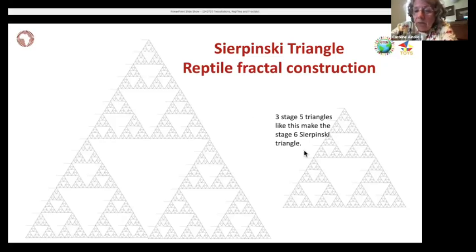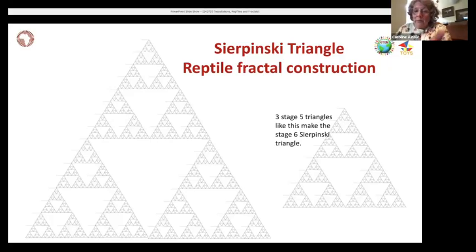I hadn't really thought about that. Here, 3 of these triangles make up that one, but of course you can do 3 smaller ones inside. So, for example, this one has got 3 smaller ones inside it, and this one has got 3 smaller ones inside it, and so it goes on and on. But this would be a rep 3, because the basic building block has 3 triangles, yes, and on the 3D level, the basic building block has 4 pyramids or tetrahedra.